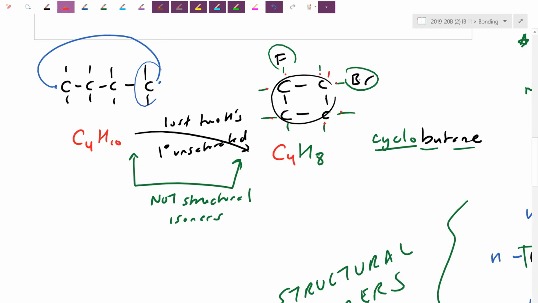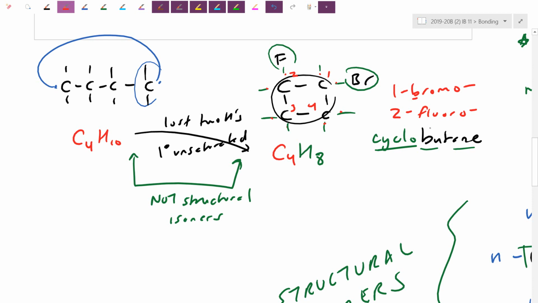Up to you. In this case here, I know bromo is going to be alphabetized first. So let's start carbon number 1 here. I could have counted clockwise or counterclockwise. I'd rather count counterclockwise this time, so my numbers are going to be 1, 2. I'm trying to keep all the numbers tiny. So let's alphabetize here. This compound would be called 1-bromo-2-fluorocyclobutane. Numbers and letters are always separated by hyphens, and then letters and letters, you can just sort of ram them into each other.